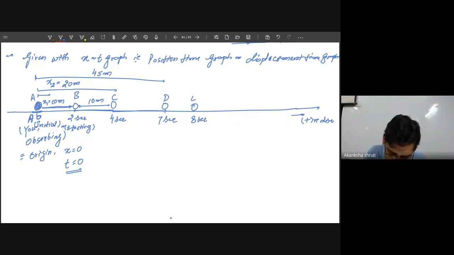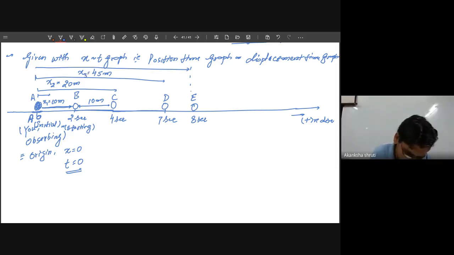Let me take this point as E. Let us take this as x4, because for D the position was considered as x3. Now for the point E, it is our x4. It is our 50 meter. Okay, student, so these are the positions that are measured from the origin.